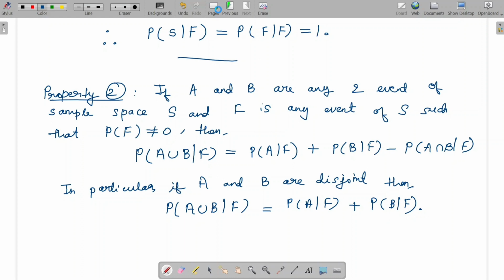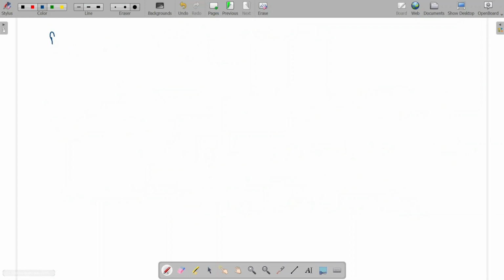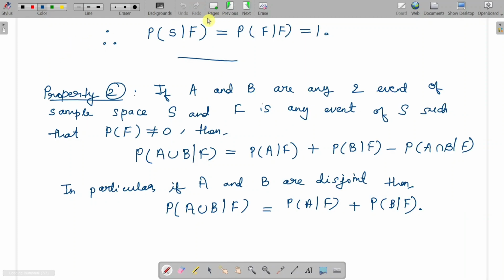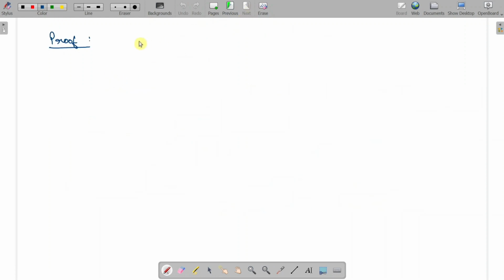Let us prove this. Proof. What we have to do is we have to look at the LHS first. So probability of A union B such that F has occurred.